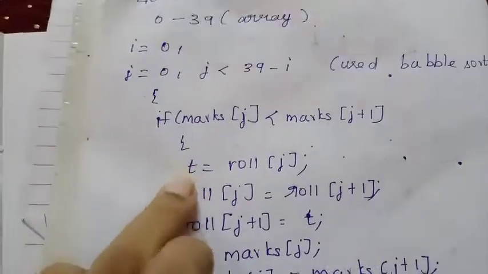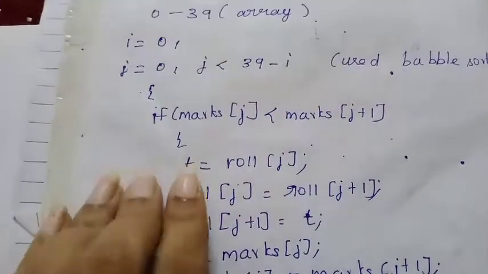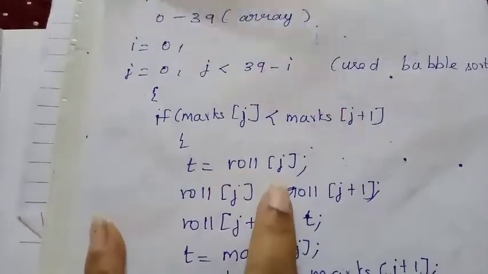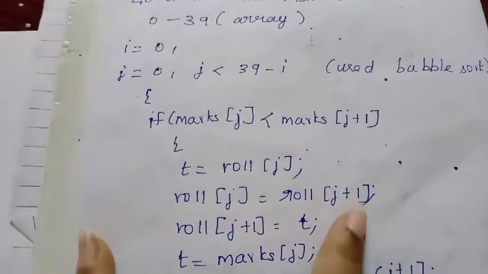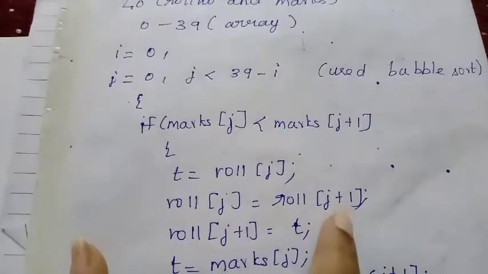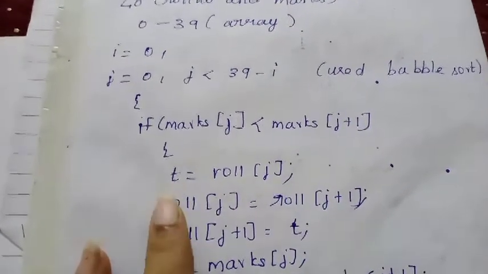To swap it, first we are swapping the roll numbers. So t is equal to roll of j, and roll of j is changed to roll of j plus 1, because this is your highest number. So the highest number's roll number will be changed here.